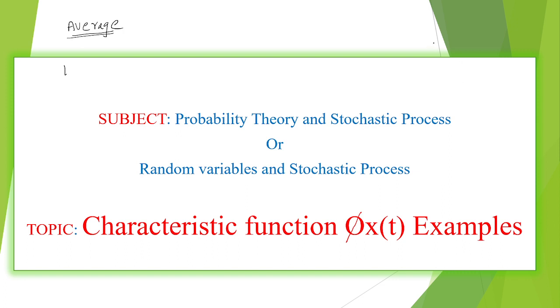If x is a random variable and the data is varying in both real and imaginary parts, here I am assuming it is 10%, 20%, and 30%, and the imaginary part also varies.